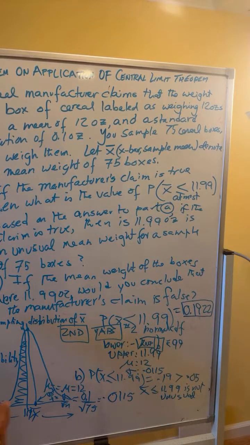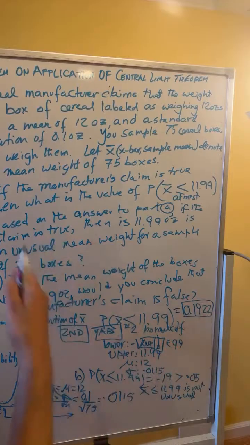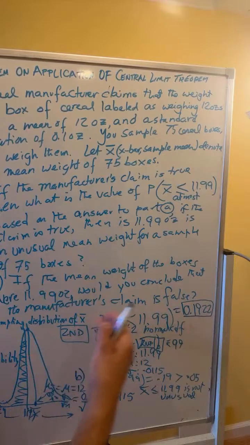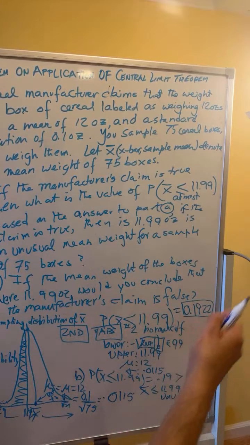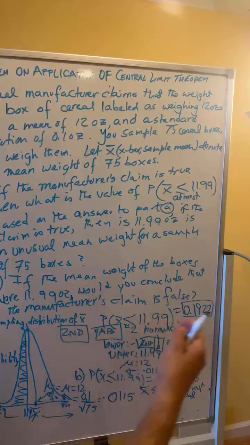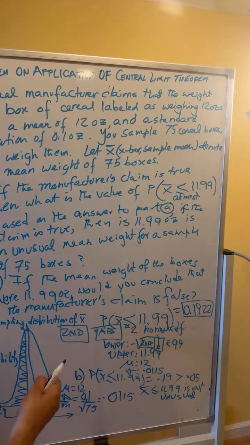That being the case, there will be occasions when you draw 75 boxes from the population, add the 75 weights, divide by 75, and you will find the probability of that event, less than or equal to 11.99, is 0.19. That means there will be occasions when the mean weight of the 75 boxes will be equal to or less than 11.99.